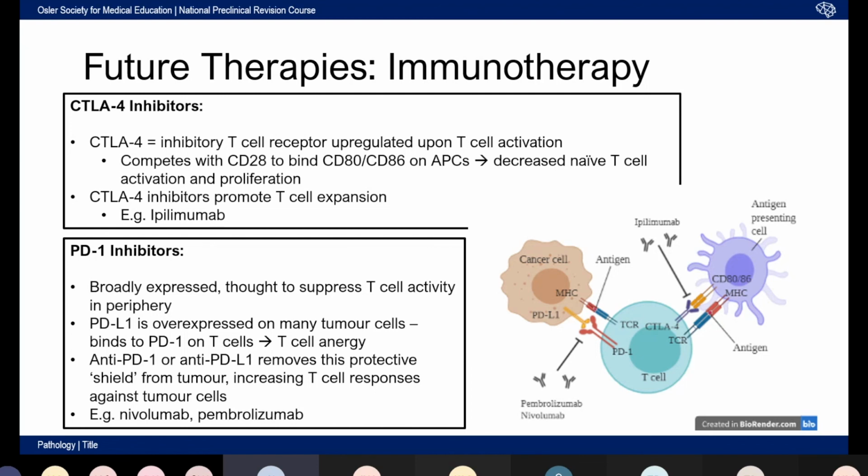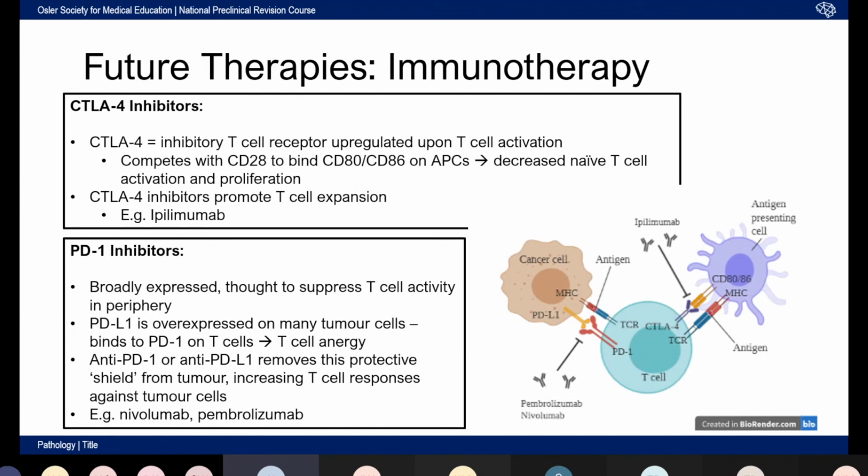And then another type of checkpoint inhibition therapy is PD-1 inhibitors. PD-1 is broadly expressed and is thought to suppress T cell activity in the periphery. And PD-L1 is overexpressed on many tumour cells and is often described as acting like a shield protecting the tumour from the immune system. So PD-L1 binds to PD-1 on T cells, leading to T cell anergy, so the T cells are inactivated, basically.